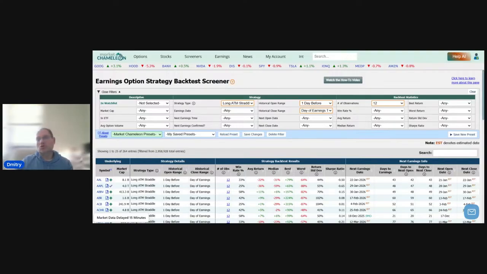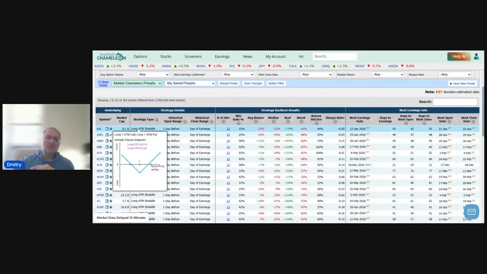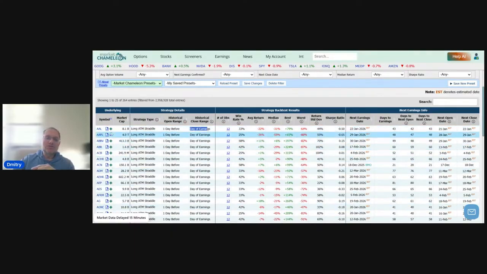It could have been after the close, or before the market opens the next morning, but as long as it's end of day right before the earnings announcement, and then we look at the end of day after the announcement. Okay, so as you can see here, now we narrowed these down: at the money straddle, date ranges. And now we have all these symbols in here.